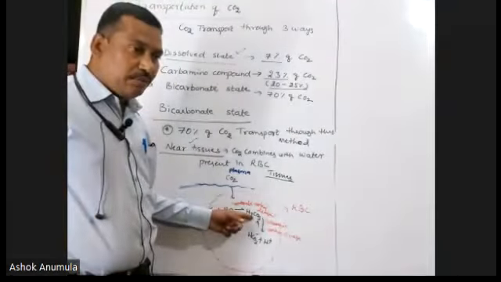The changing of the two substances in opposite direction through the RBC wall is called as antiporter.